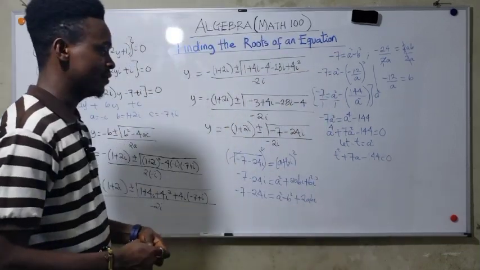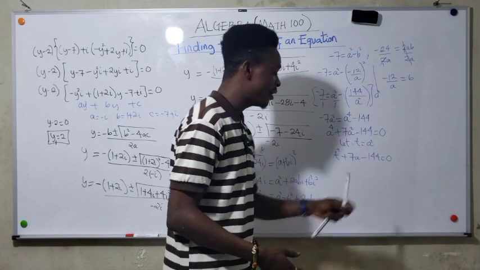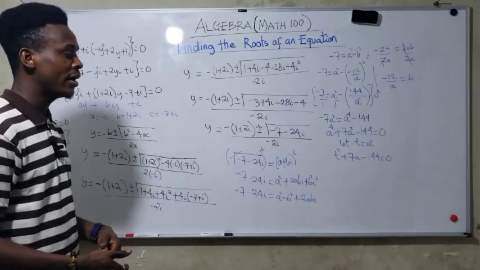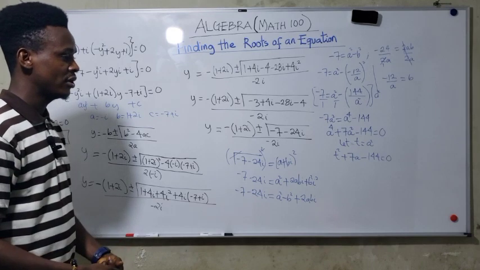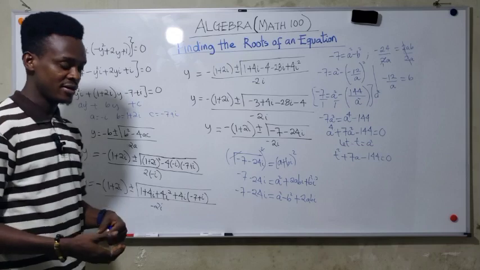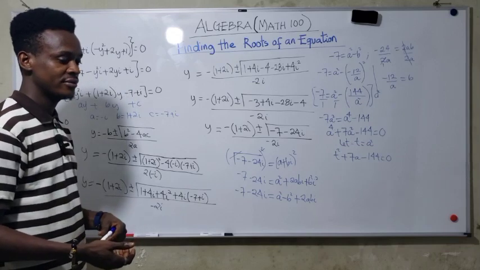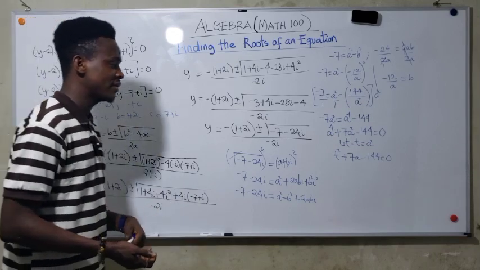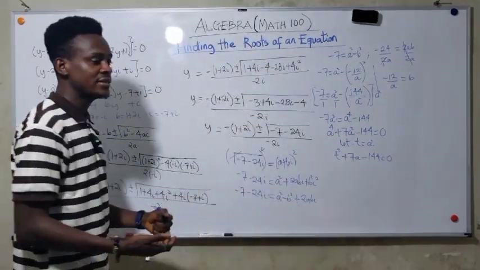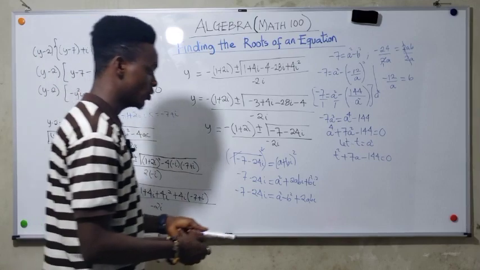So we ask ourselves, which numbers multiply to give 144 and differ by 7? We realize that 16 minus 9 is 7, and if we multiply 16 times 9, we have 144.